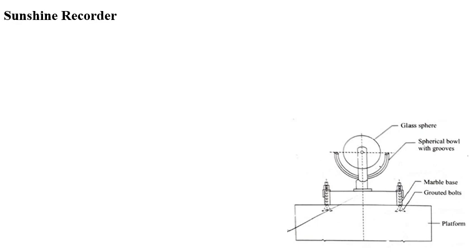The length of the burn trace left on the card represents the sunshine duration. The device structure is shown in that figure. A homogeneous transparent glass sphere is supported on an arc and is focused so that an image of the sun is formed on recording paper.